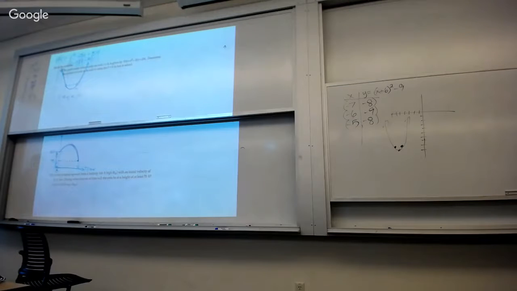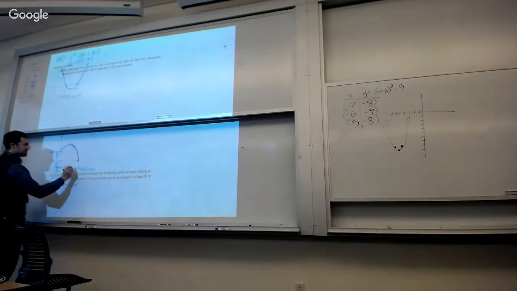How helpful is this drawing? I think it's pretty helpful because it really gives you a visual understanding of what we're even talking about. So, again, a coin is tossed upward from a balcony 166 feet high with an initial velocity of 16 feet per second. During what interval of time will the coin be at a height of at least 70 feet? So, the interval of time goes from 0 all the way to question mark.